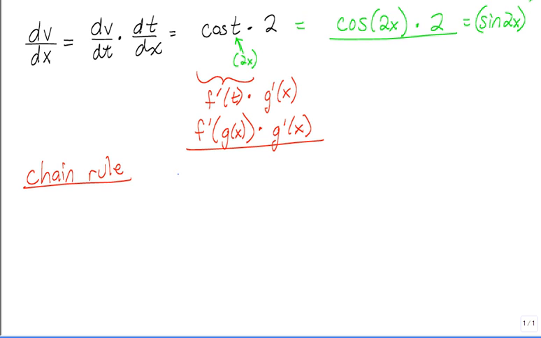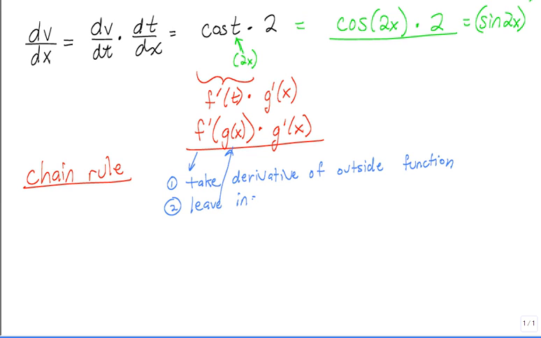The chain rule says, one, take the derivative of the outside function, which is f, leave the inside function alone, leave it there, and then take derivative of inside function and multiply.